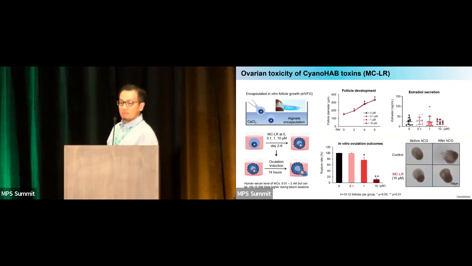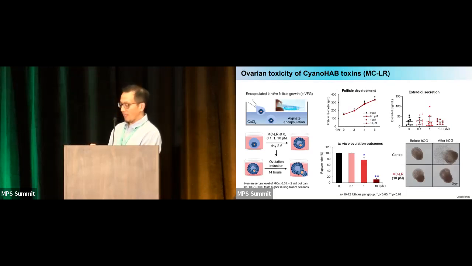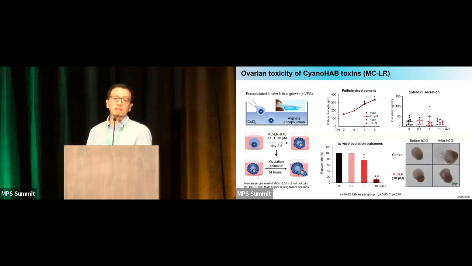For example, at 10 micromolar, less than 10% of the follicles could ovulate. That indicates that exposure to microcystin, especially during bloom season, through drinking water or accidental swallowing of water when you swim in a bloom lake, can potentially affect women's reproductive health. It may cause anovulation, infertility, or even some reproductive diseases such as reproductive cancer or polycystic ovarian syndrome.